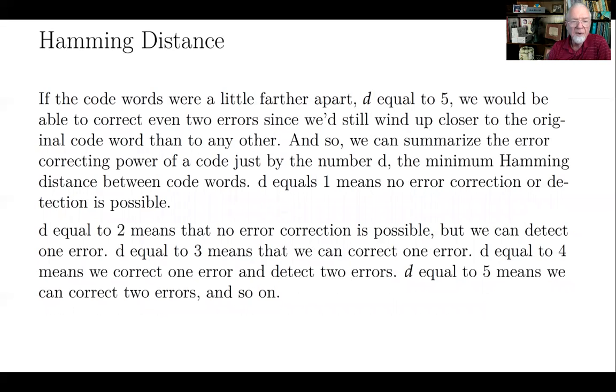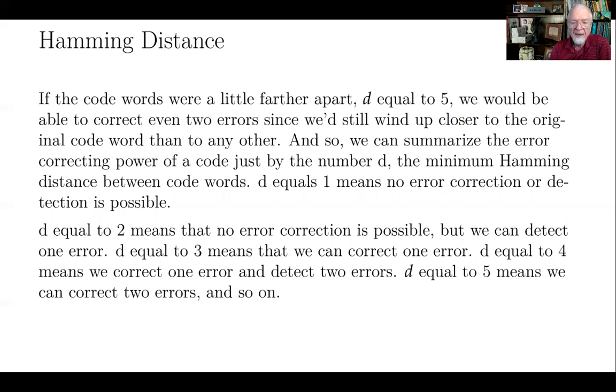So we could look a little further. Suppose we had a 5-dimensional cube. So if we had 00000 and 11111 as the codes, then we'd be able to certainly tell that the distance 2 is closer to one of them than the other, because the distance between those 2 is 5.